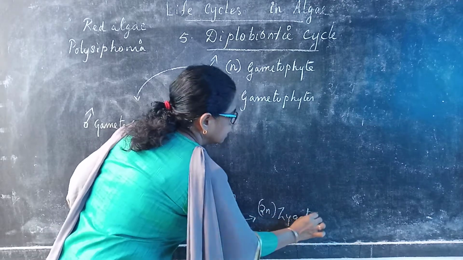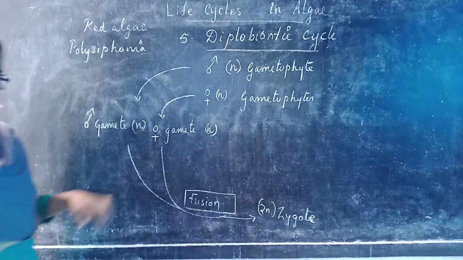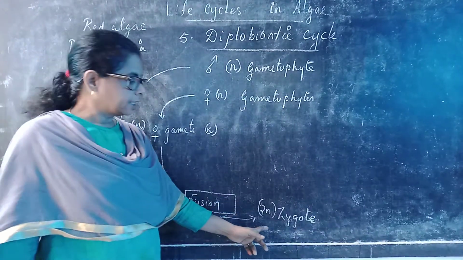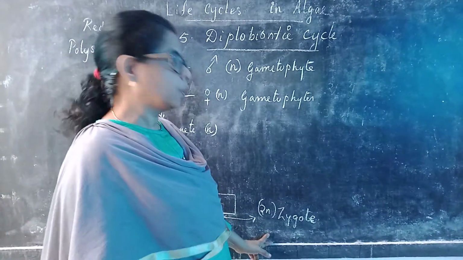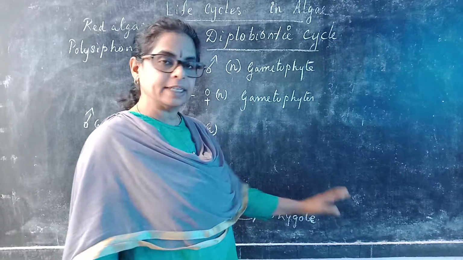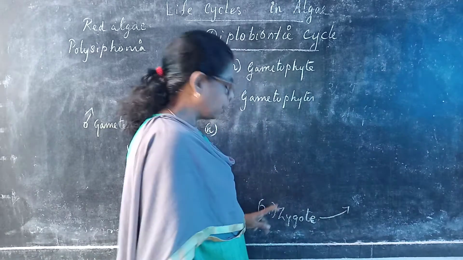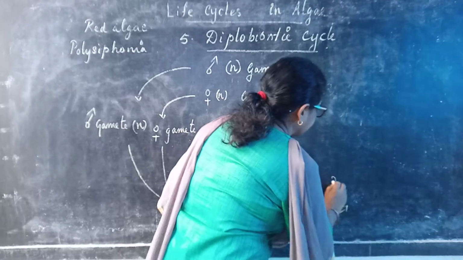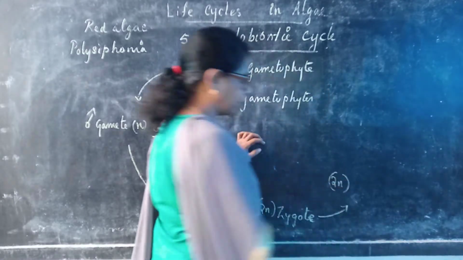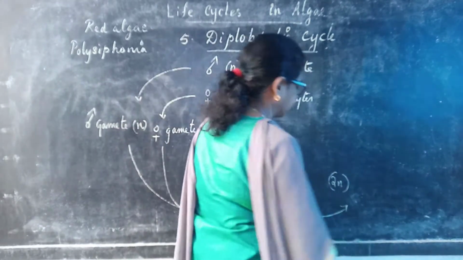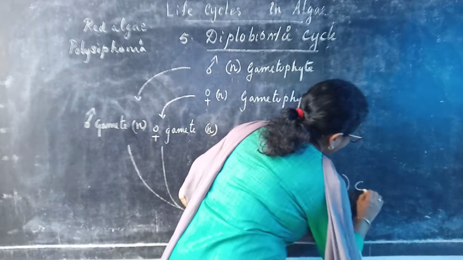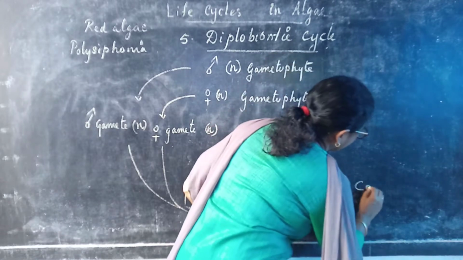So the diploid zygote is produced, and this diploid zygote germinates directly without meiosis, and on germination it gives the first diploid phase in the life cycle of Polysiphonia, and we call it the carposporophyte.